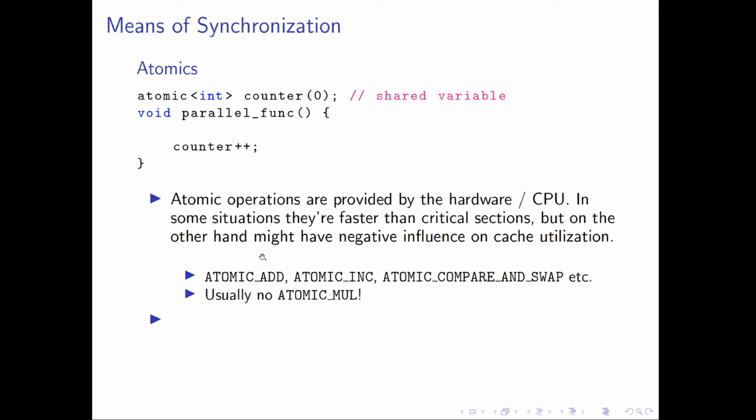And typical atomic operations are atomic addition, atomic increment. Atomic compare and swap is a very common operation where we perform a comparison operation, and based on the comparison operation also perform an assignment. Depending on the API, this can be implemented differently.